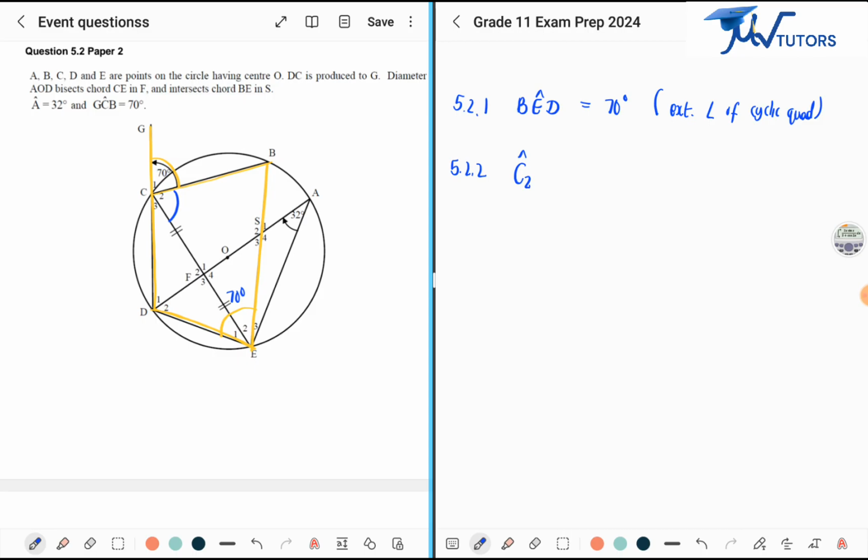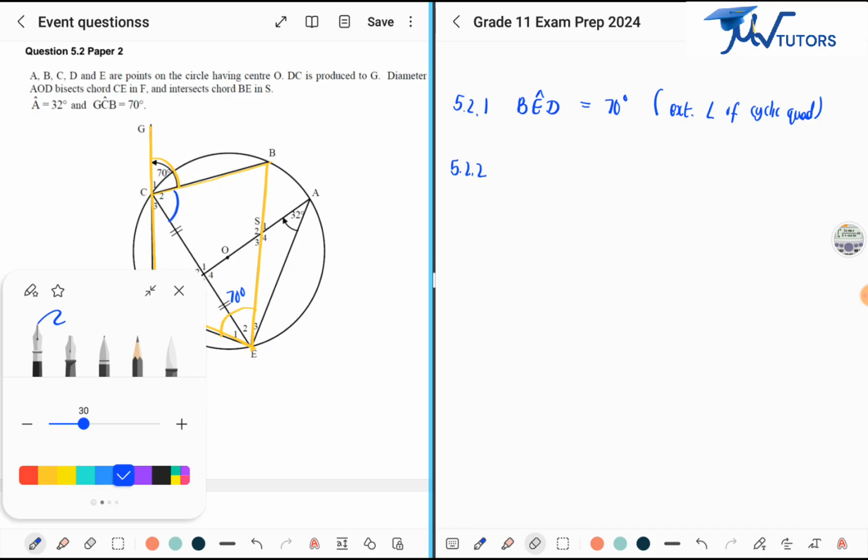Do we know what C3 is? Let's think about it. So if you look at chord DE, let me just erase that and start with C3.